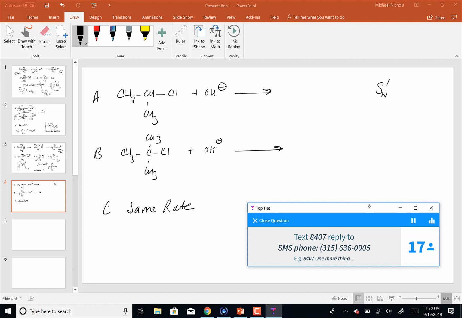Just answer the question with the app, if you've got it. I don't know anything about the texting. For all we know, that could be a Canadian number.